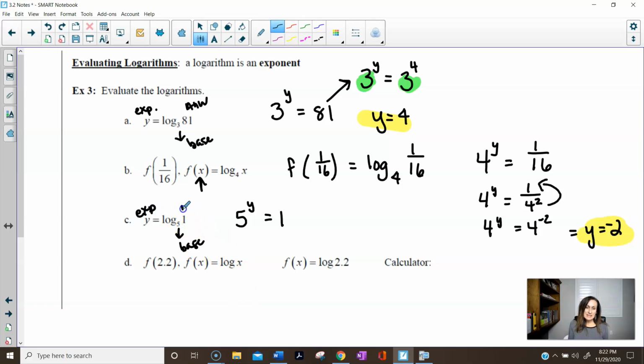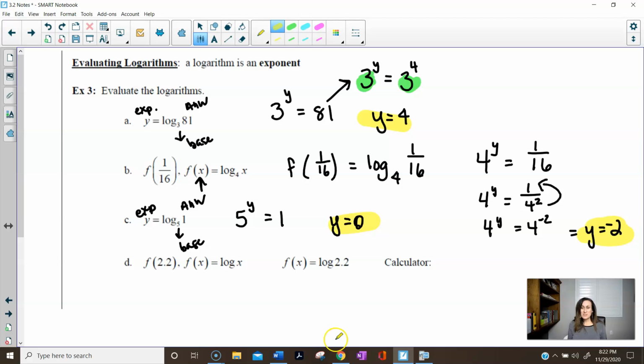And 1 is considered your answer. So 5 to the y is equal to the answer of 1. So what's y? Well, 5 to what power equals 1? We know y would equal 0 because anything to the 0 power is always equal to 1.